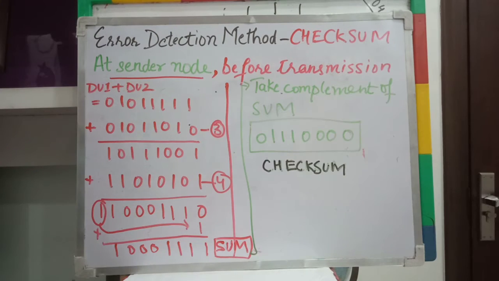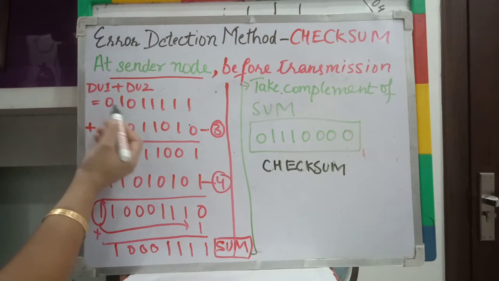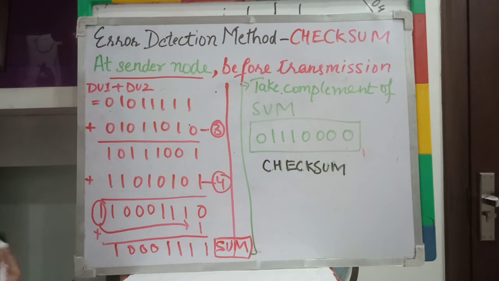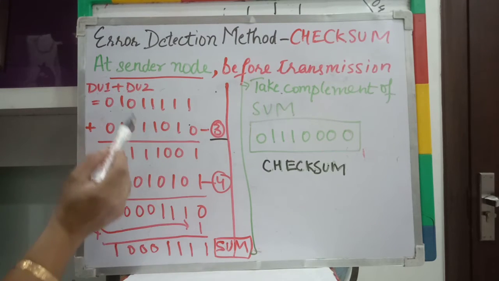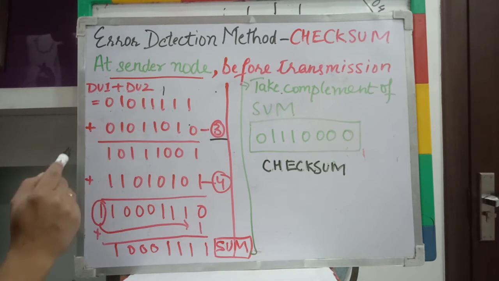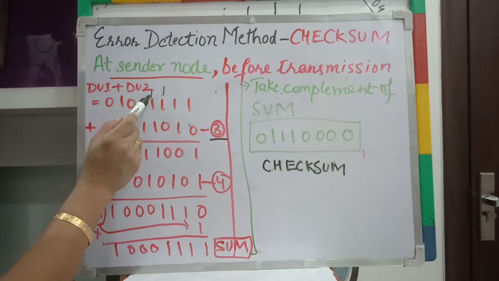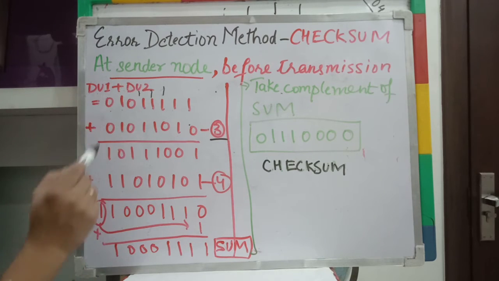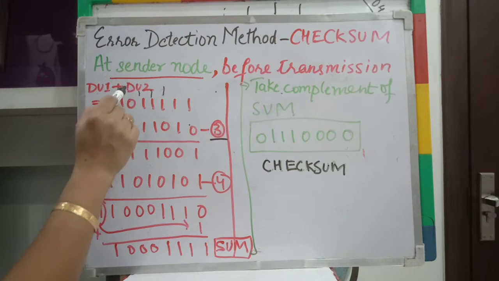We have already done the sum of data unit 1 and data unit 2, which results in 0 1 0 1 1 1 1 1. Now I add the third data unit into my number. 1 plus 0 is 1. 1 plus 1 is 10, so 0 and carry up. 1 plus 1 again 10, 0 and carry up. 1 plus 1 is 10, 0 and carry up. 0 plus 1 is 1 but carry up. 1 plus 1 is 10. 0 plus 1 is 1 and carry up.